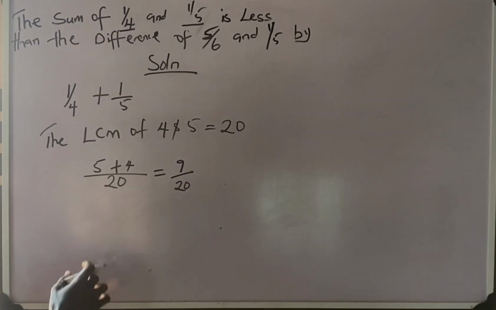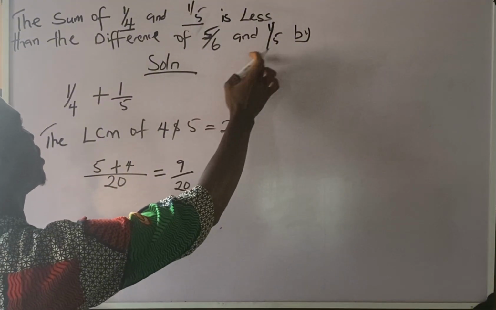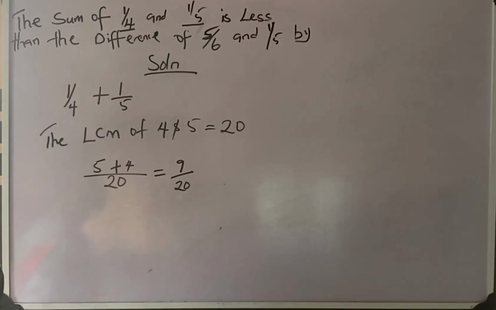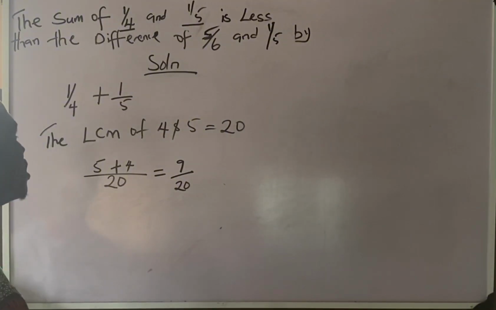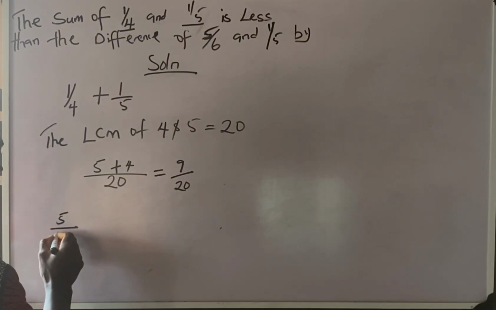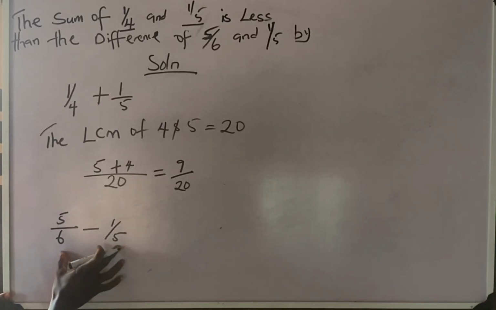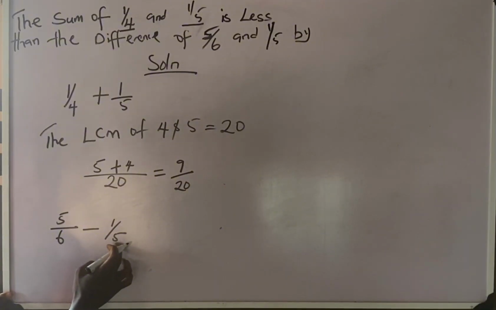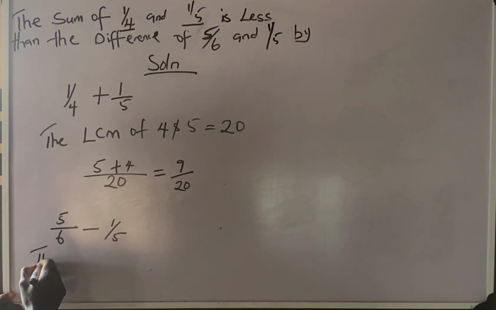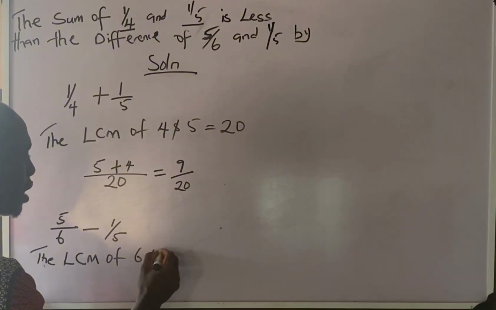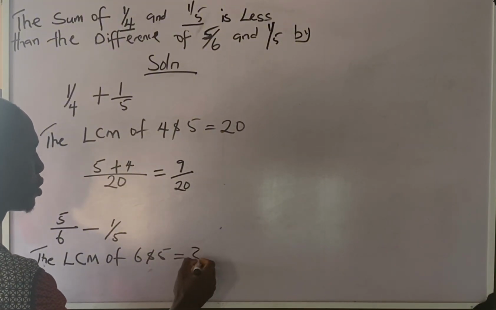So then we go over to the next: the difference of 5 over 6 and 1 over 5. Since sum talks about addition, difference talks about subtraction. So we say 5 over 6 minus 1 over 5. We still go for the LCM. Since 6 cannot divide 5 and 5 cannot divide 6, the LCM of 6 and 5 is 6 times 5, which gives us 30.